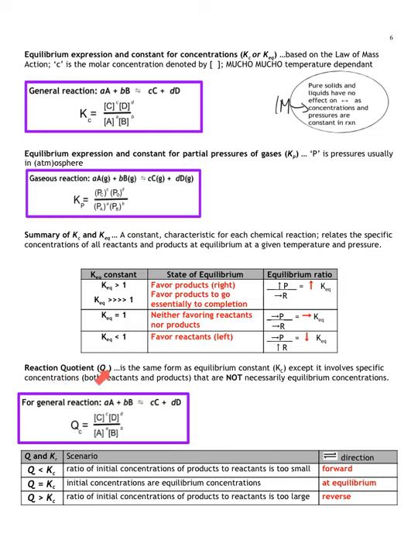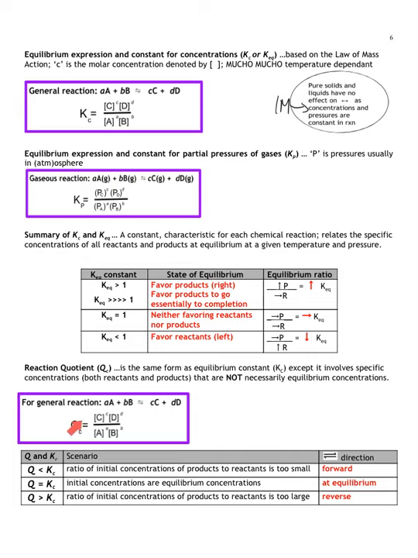Okay, so let's go into another idea. Q is no different from K. Qc, which is for concentrations, is the same form as the equilibrium Kc, except it involves specific concentrations of both reactants and products that are not necessarily at equilibrium.